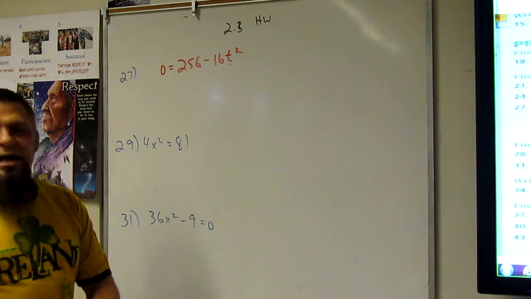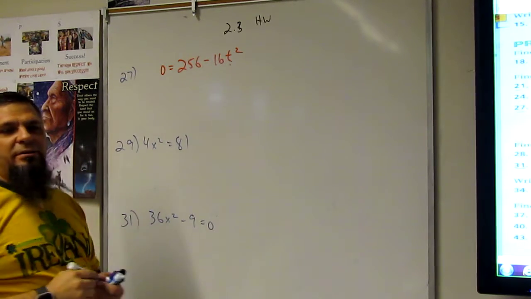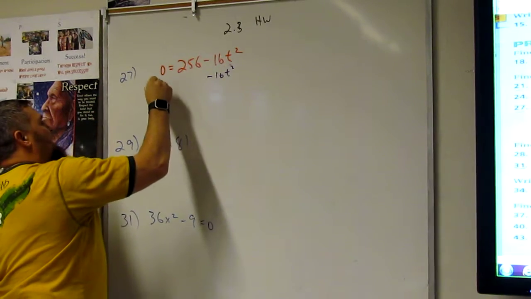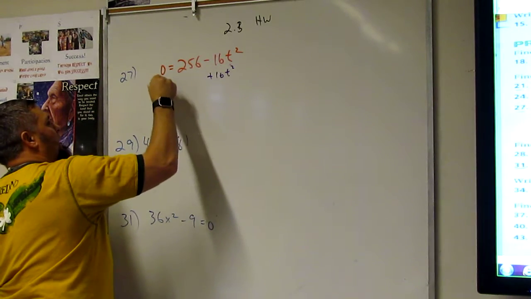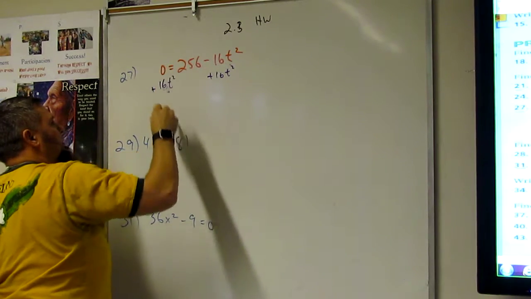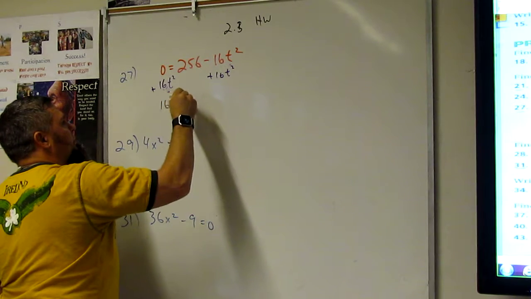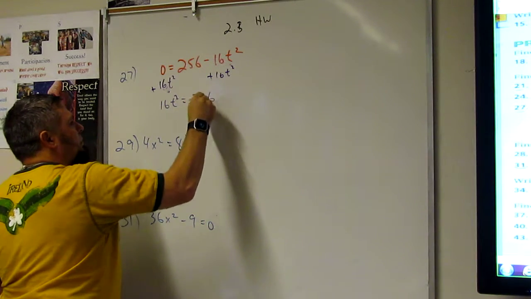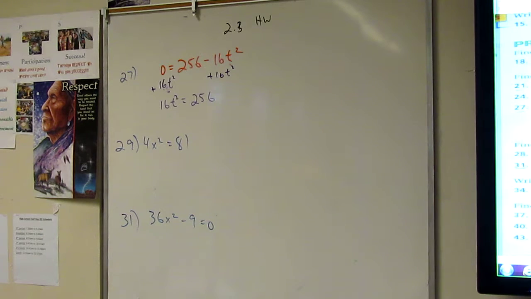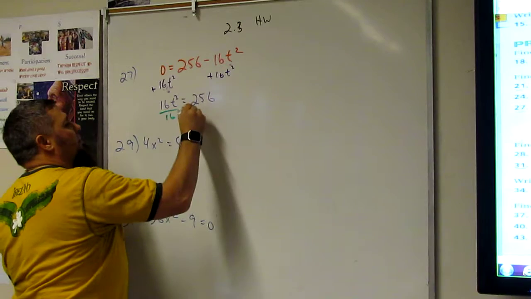So a lot of people in this case would move this over. I'm going to move the minus 16t squared over. Does anyone have an idea of why I would do that? Well, it's really simple. It's because I want to keep it positive. Right? So now I'm going to divide by 16.